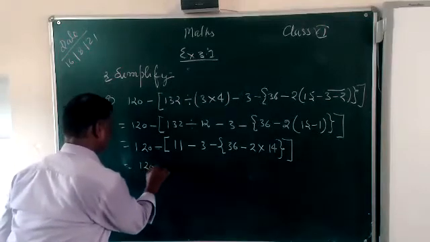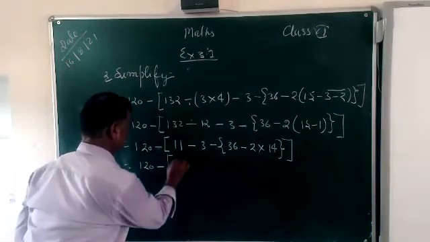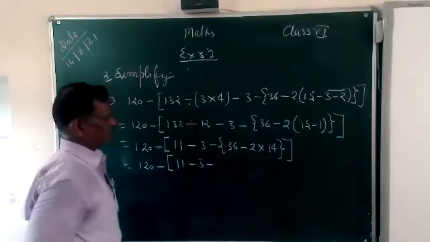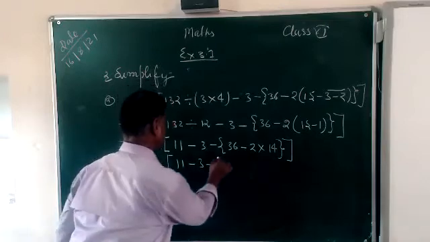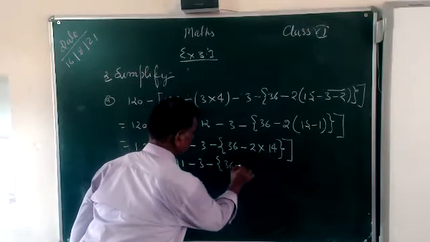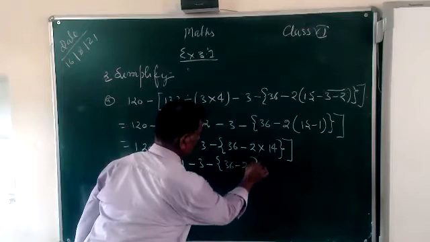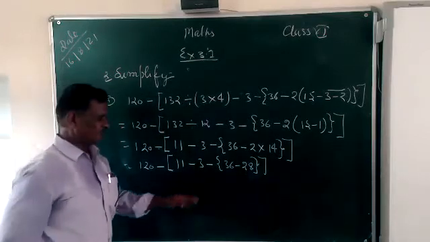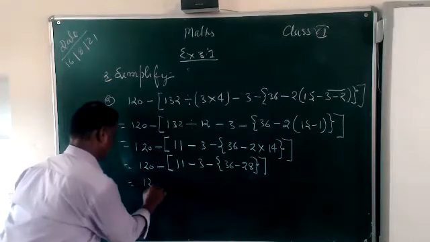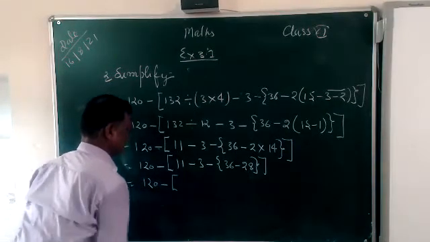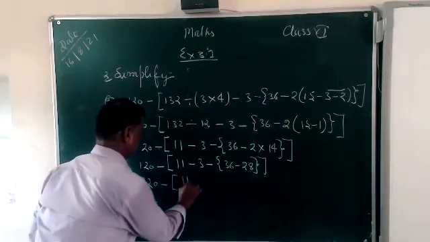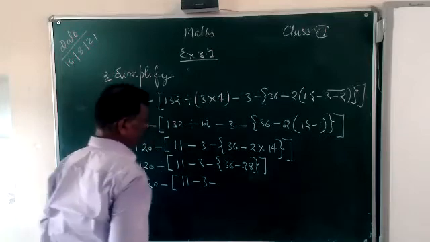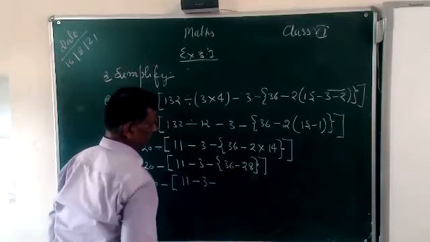Now 120 minus, in square bracket, 11 minus 3 minus, you simplify this in the curly bracket: 36 minus 28. Curly bracket to square bracket, and then that is 120 minus, in square bracket, 11 minus 3 minus, you subtract this, coming 8.